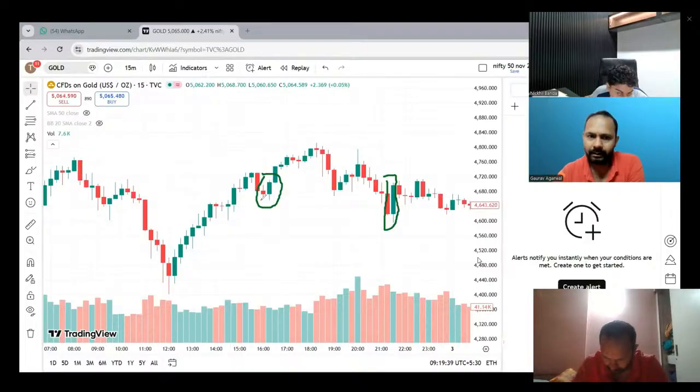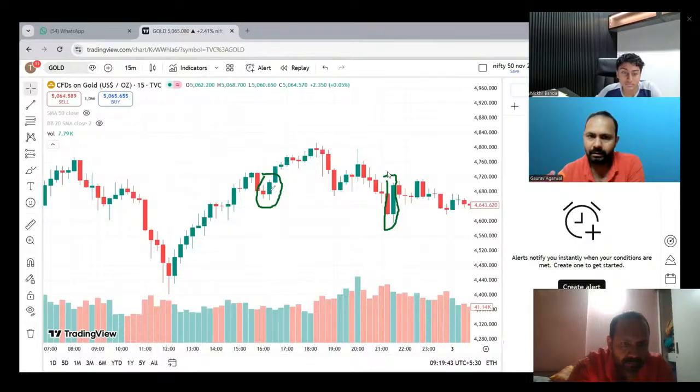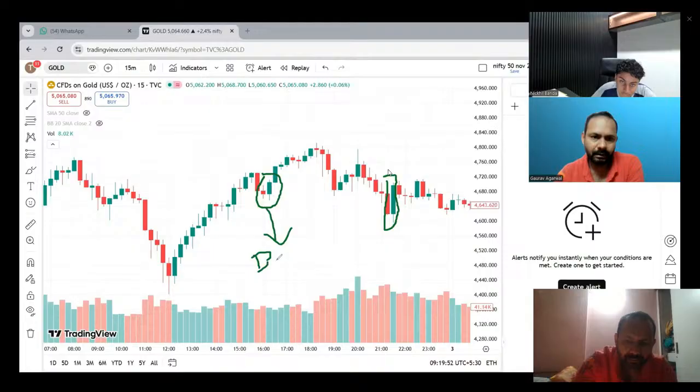Here is a perfect one, with a small candle and then a big green candle covering the full candle. So this is called bullish engulfing.